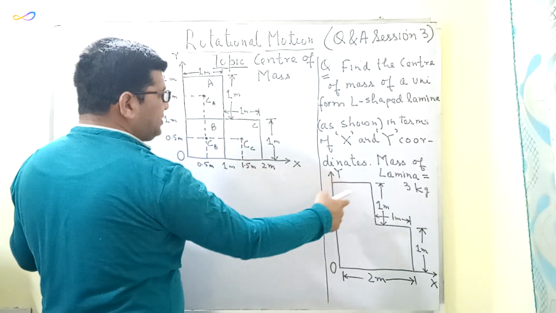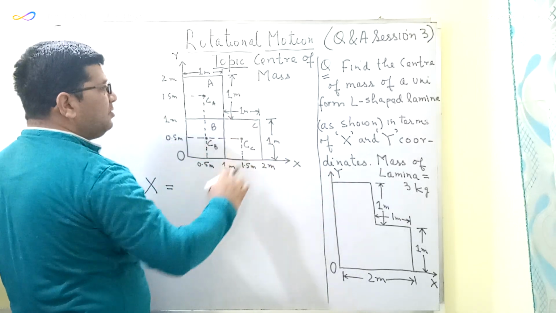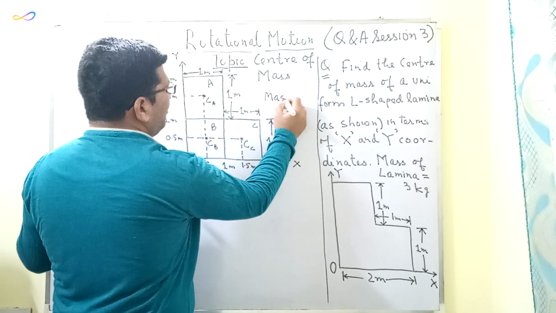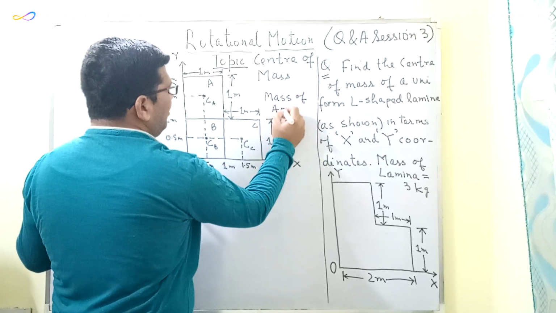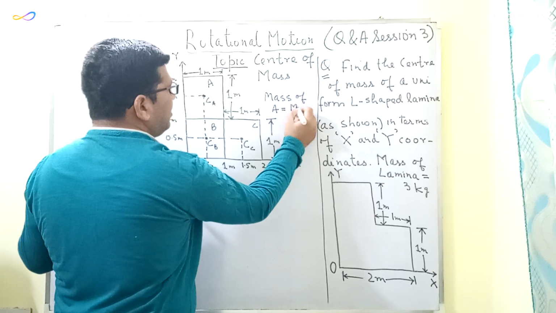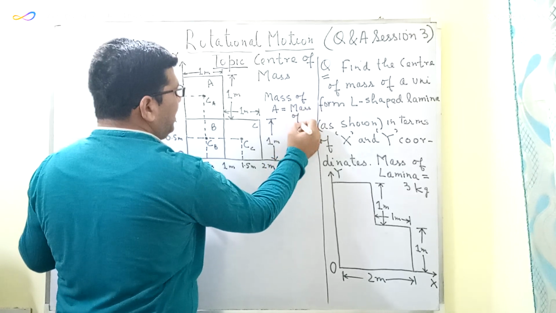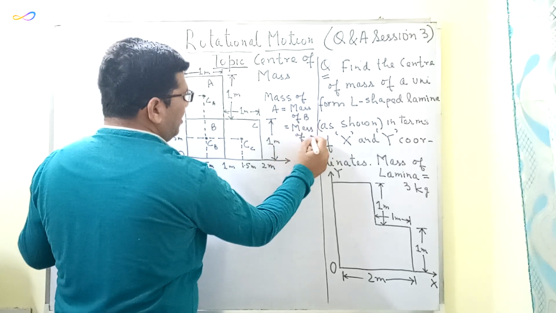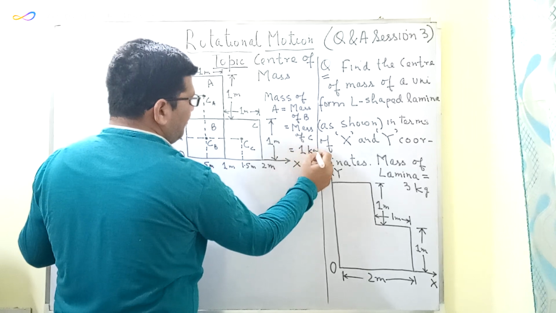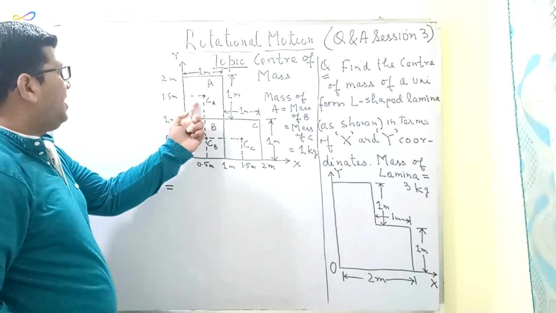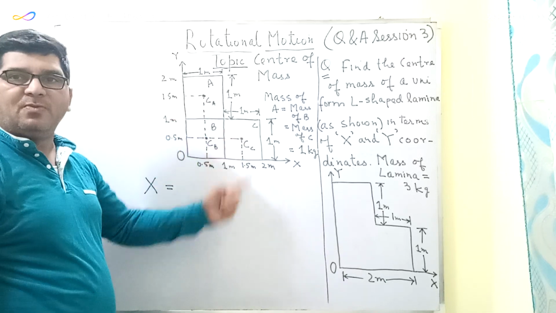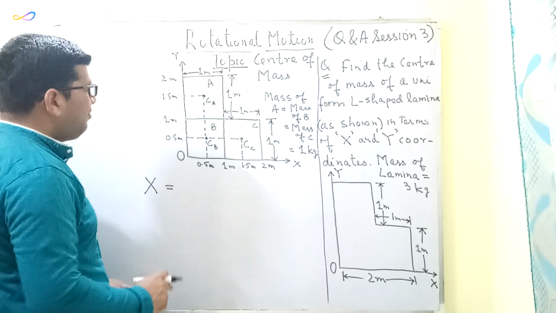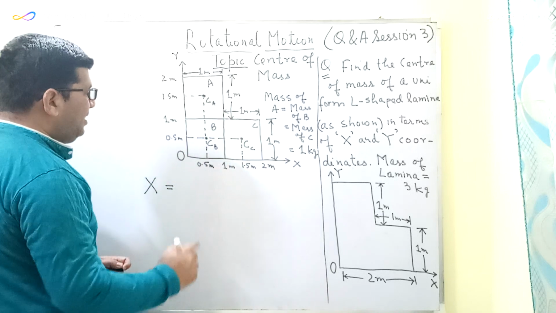Now the mass of this lamina is 3 kg, and since it is a uniformly shaped lamina, the mass of the portion A will be equal to the mass of B, and this will be equal to the mass of C, and this is equal to 1 kg. So the mass of A, B and C will be 1 kg each, and so let us first find the center of mass of this lamina along the x-axis.